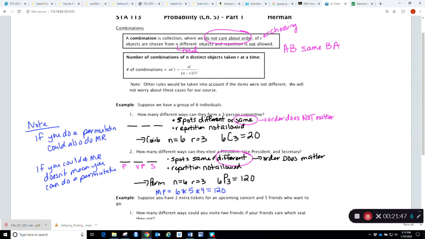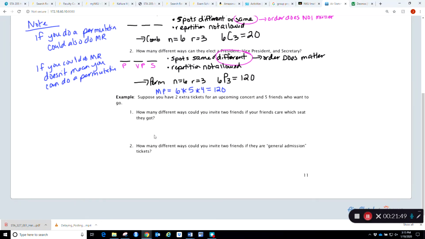Right, we have another example that we're going to do for this video. So suppose that we have 2 tickets for an upcoming concert and 5 friends who want to go. How many different ways could you invite 2 friends if your friends care which seat they got? So how many friends do we have? 5.